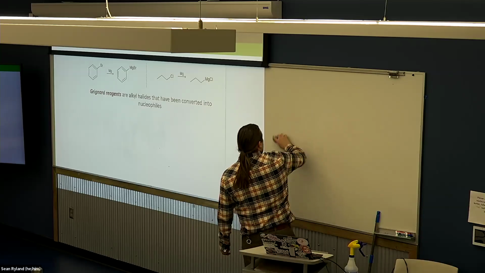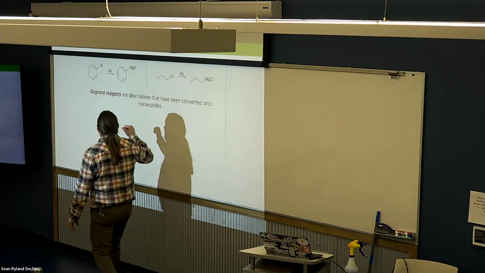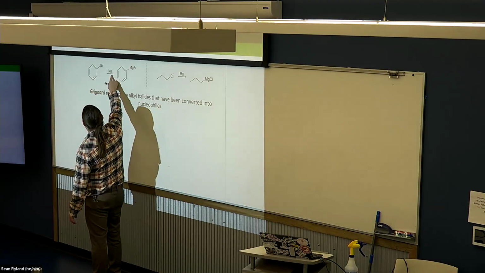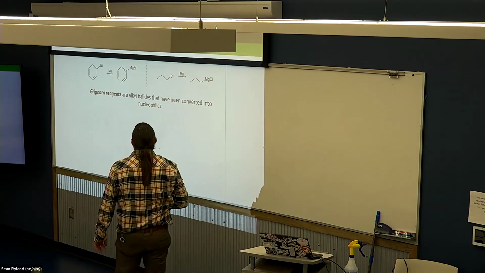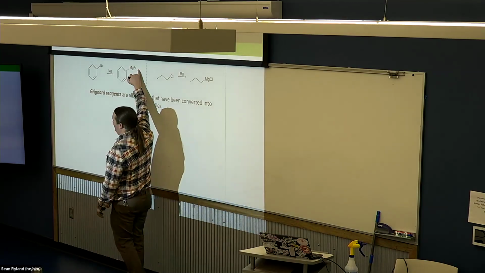Anyway, Grignard, Swiss guy. Grignard figured out that if you take a bromide and you expose it to magnesium as a metal, the magnesium basically inserts itself in between the carbon and bromine.